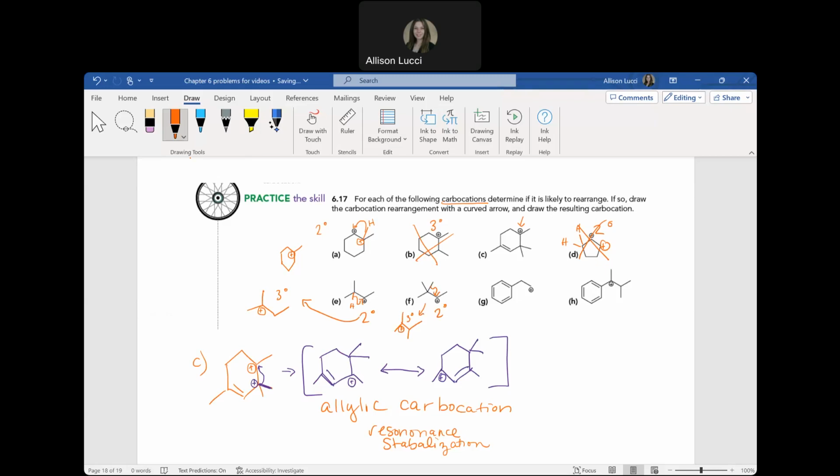After that methyl shift, let's take a look at G here. We have a primary carbocation. This carbon, that's the cation, is only bonded to one other carbon. In this case, we could do a hydride shift, which could result in the structure down here.